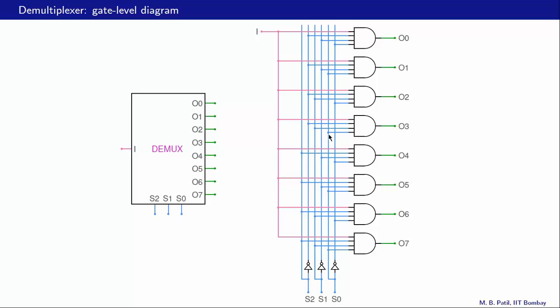And if S2, S1, S0 is 0, 1, 1, then all of these are 1, and therefore the output of this gate is simply equal to I. And you can verify that all these other outputs are 0. So that is how this demultiplexer implementation works.